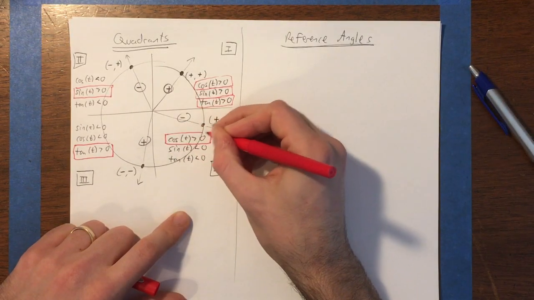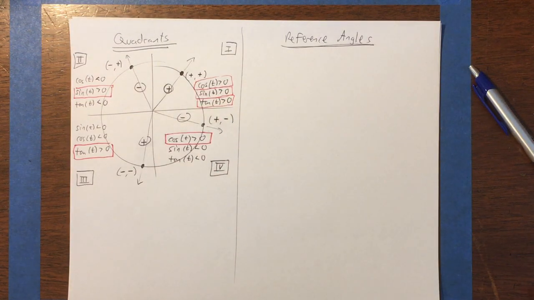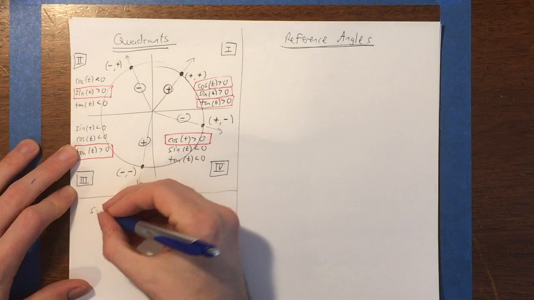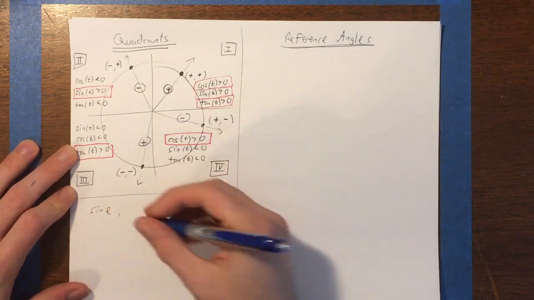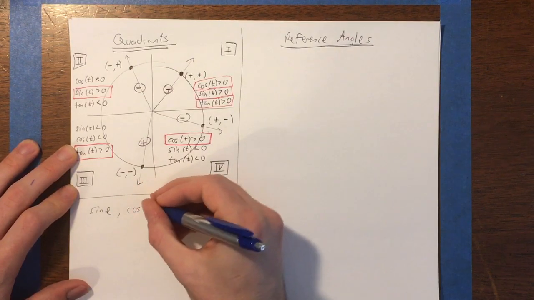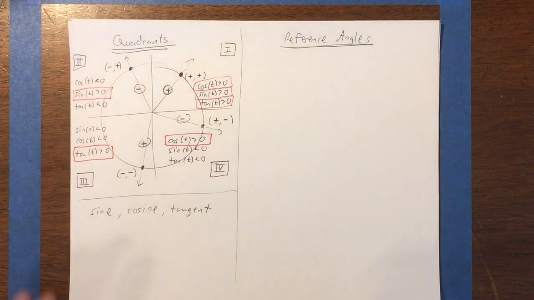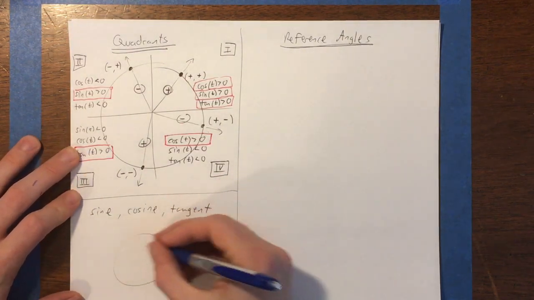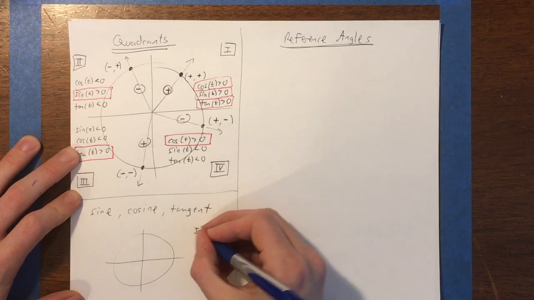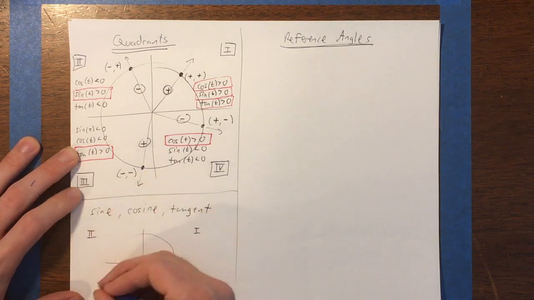So there is a mnemonic to remember, of the three most common trig functions, sine, cosine, tangent, which of those functions are positive in each quadrant.